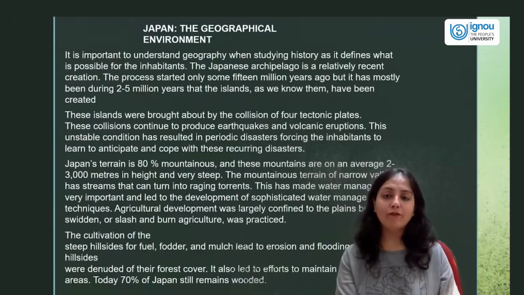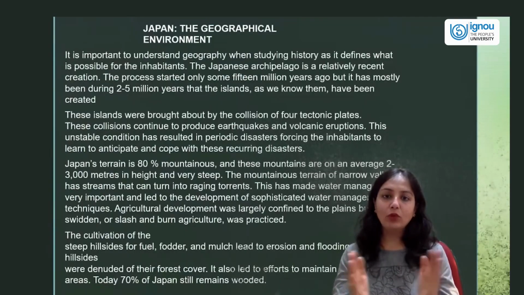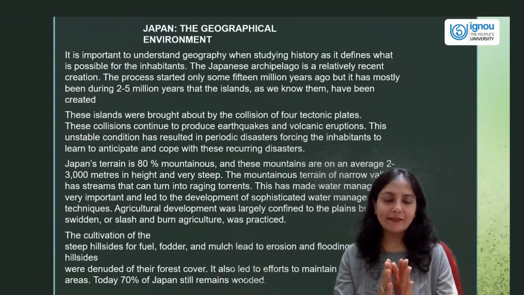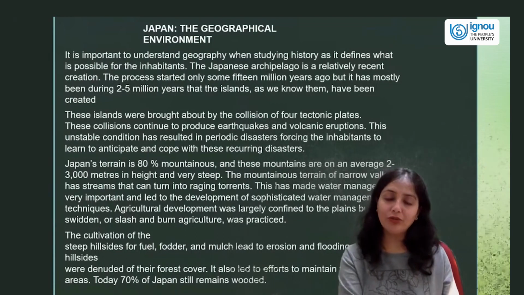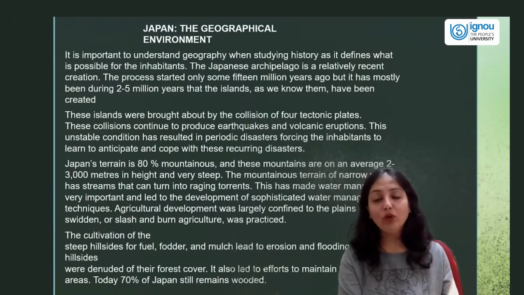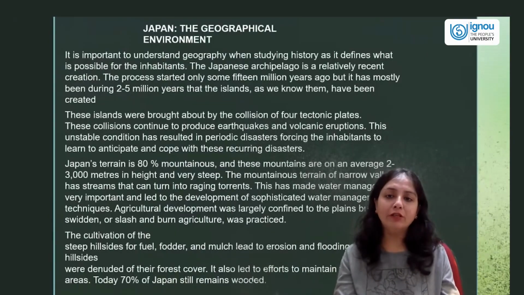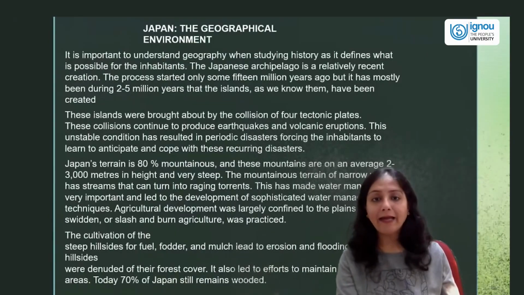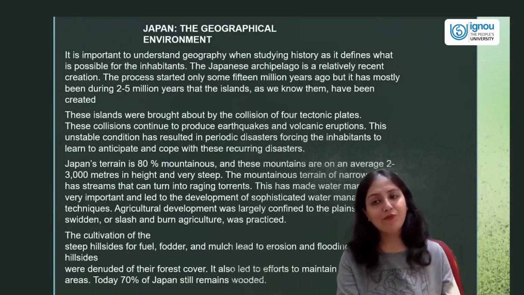The collision means the tectonic plates collide with each other. These collisions continue to produce earthquakes and volcanic eruptions. Collision means the movement of the tectonic plates that produces earthquakes and volcanic eruptions.